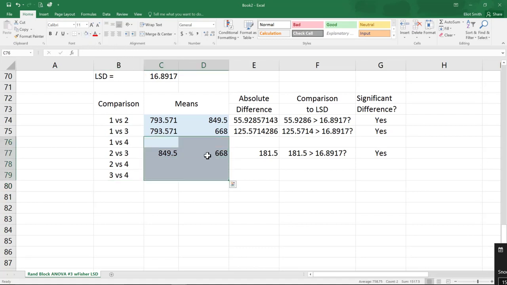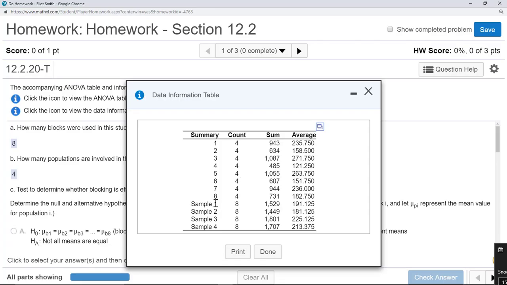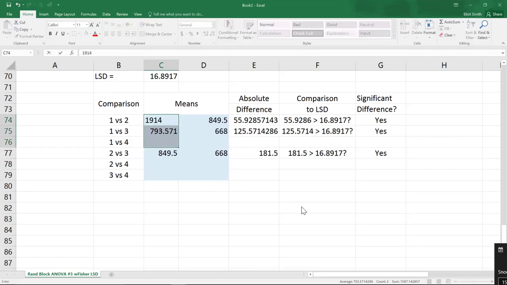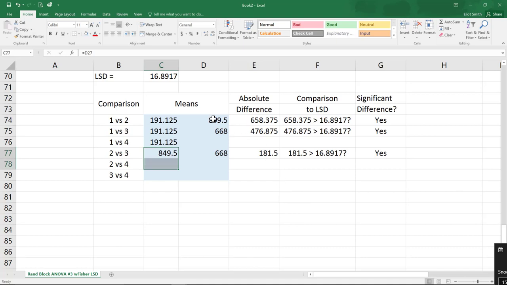All right. So mean 1 is in those 3 squares, and sample 1 has a mean of 191.125. Mean 2, it's these 2 on the left and this 1 on the right.